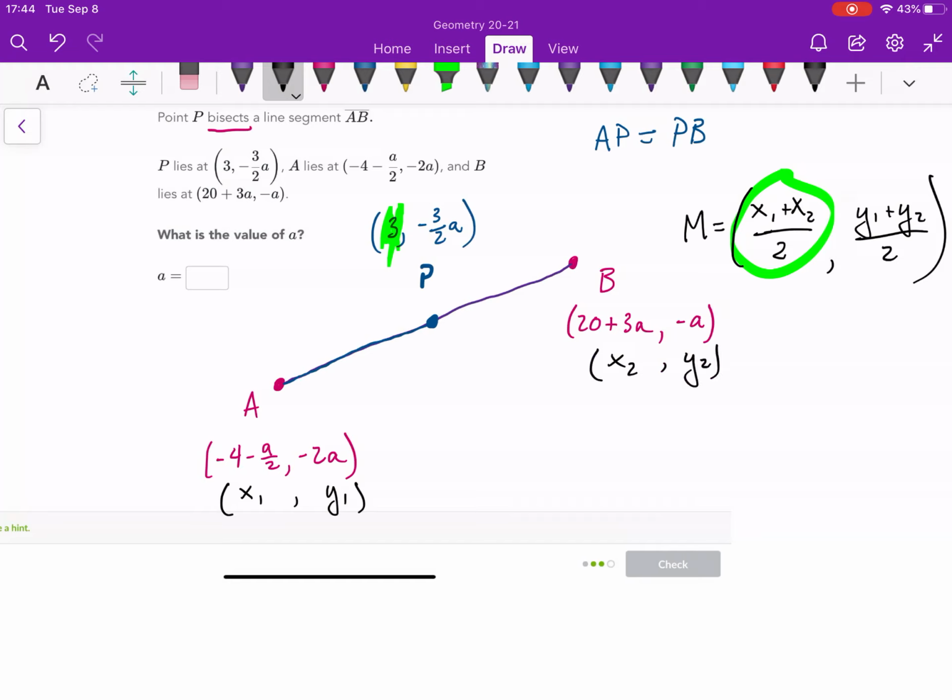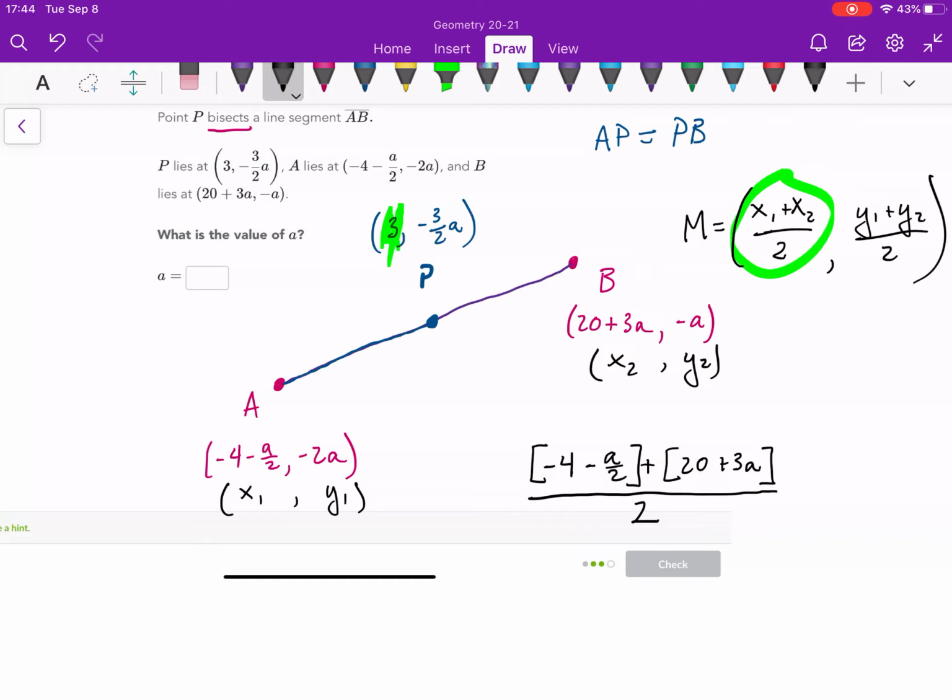So the x value of my midpoint is going to be, let's say, -4 minus A over 2, that's x1, plus x2, which is 20 plus 3A, all over 2.